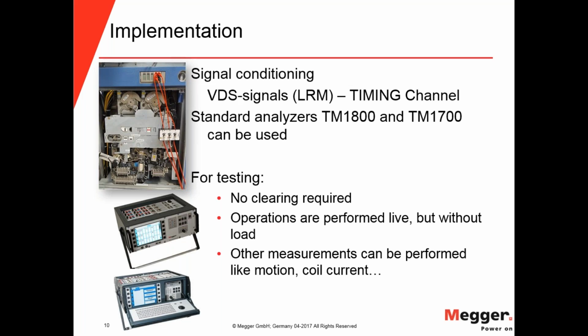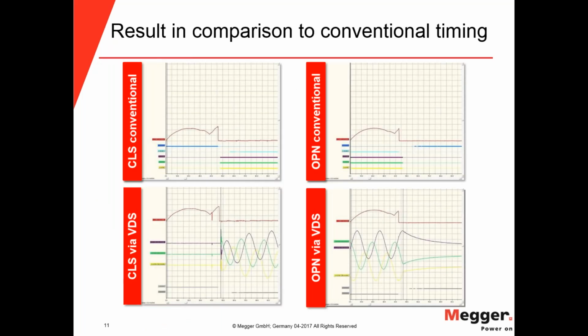How does a VDS recording look then? Here is a comparison of the VDS measurement, close and open. You see the AC signals. When the breaker is open, you have a flat signal, and when the breaker closes, you have your AC, and the opposite when you open the breaker.